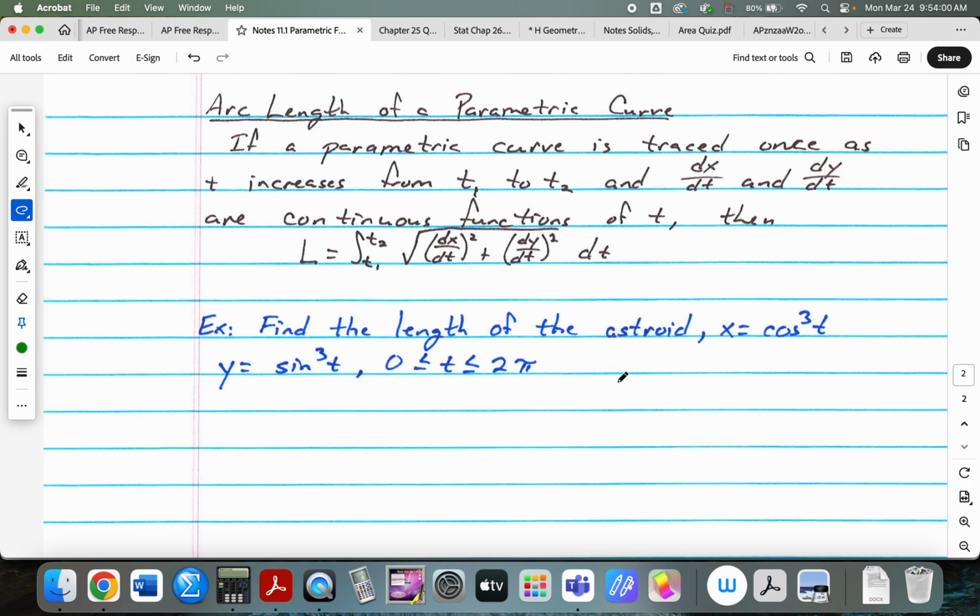You may remember that when we did arc length earlier, it was 1 plus dy dx squared underneath the square root. Here we have both because it's changing in the x direction and the y direction at the same time, or at least that's the way I think about it. And this is dt; on the other one it was dx.